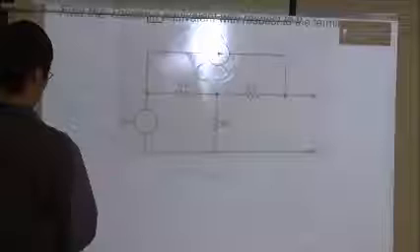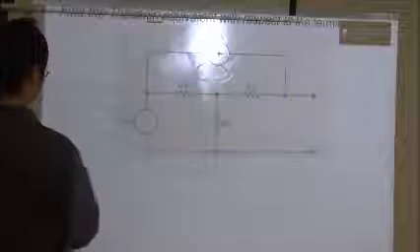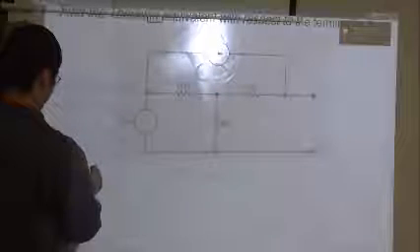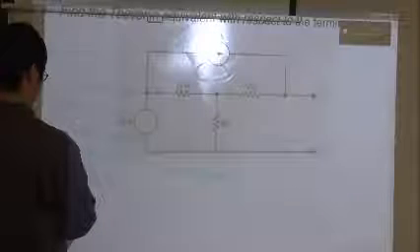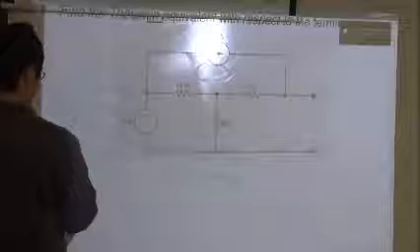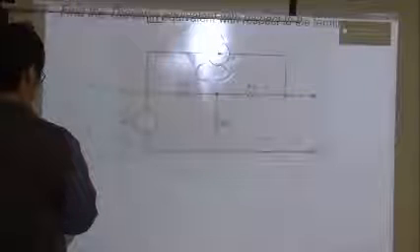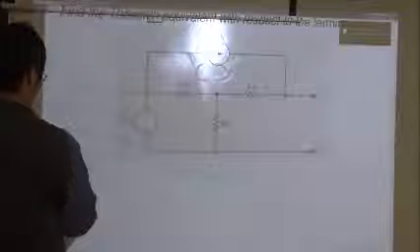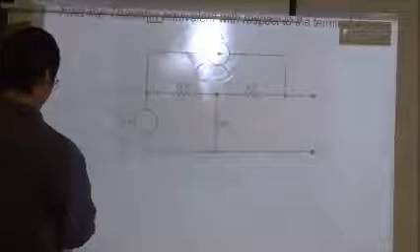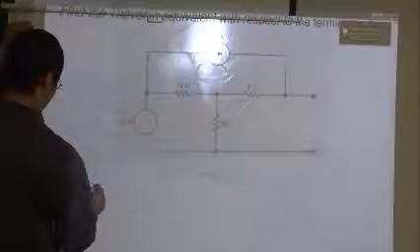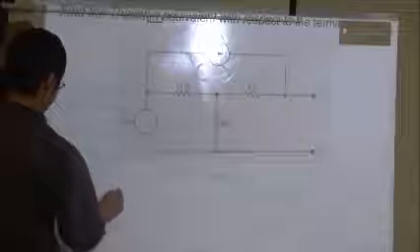So this becomes 8 I2 minus 16, so minus 16 will be 6 I1 minus 8 I2.